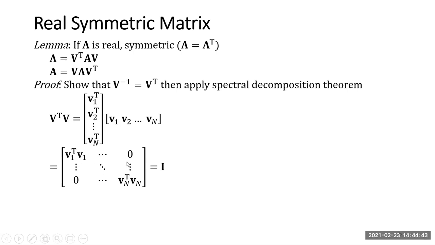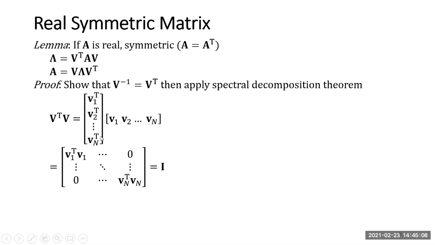So that would be the second row. And we continue all the way to the last row. The last row would be Vn transpose multiplied with each of these column vectors. Vn transpose V1, Vn transpose V2, all the way until Vn transpose Vn minus 1 would give zeros. So we have a bunch of zeros here.